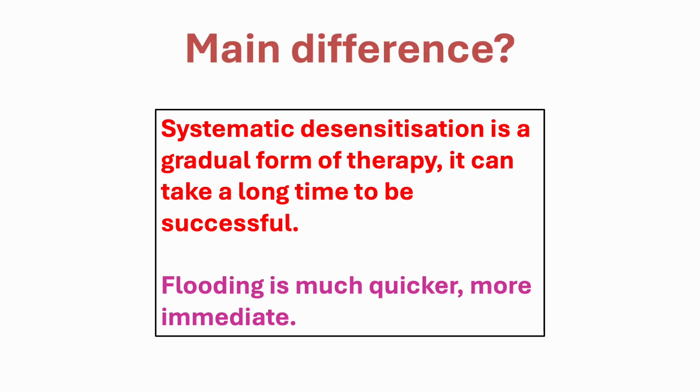So the main difference between systematic desensitisation and flooding is the fact that systematic desensitisation is gradual, whereas flooding is quicker and more immediate. Systematic desensitisation does take commitment and it takes a long time to be successful.